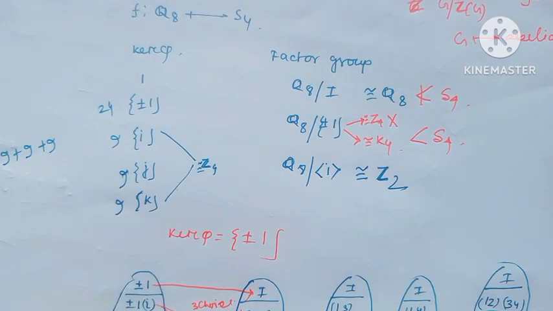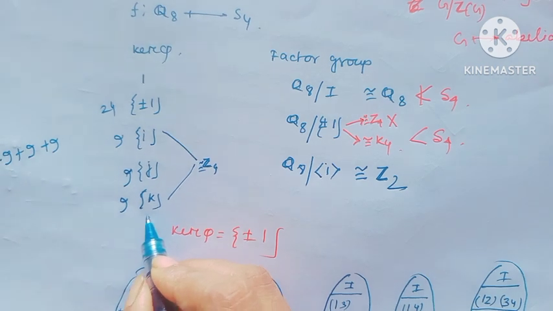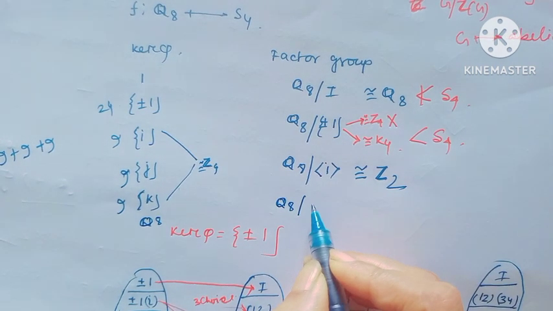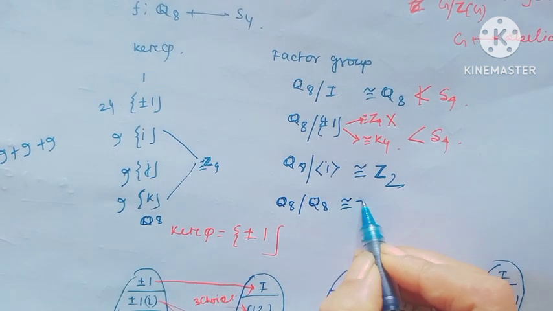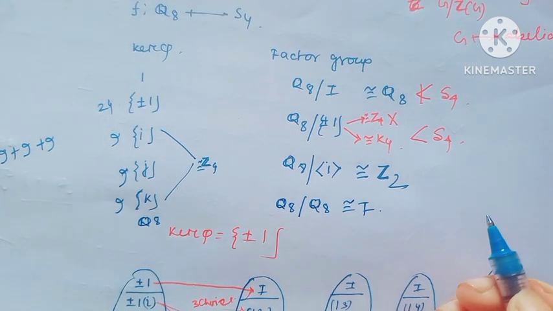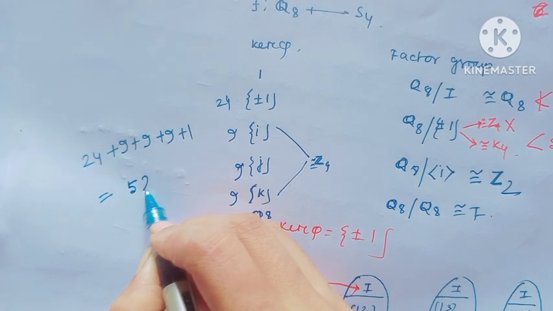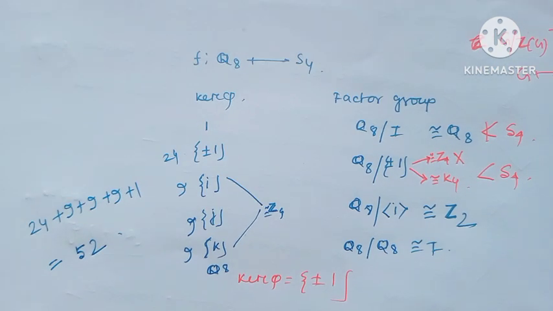And when the normal subgroup is Q8, then Q8 modulo Q8 is the identity, and this homomorphism is the trivial homomorphism. That means a total of 52 homomorphisms are possible from Q8 to S4.